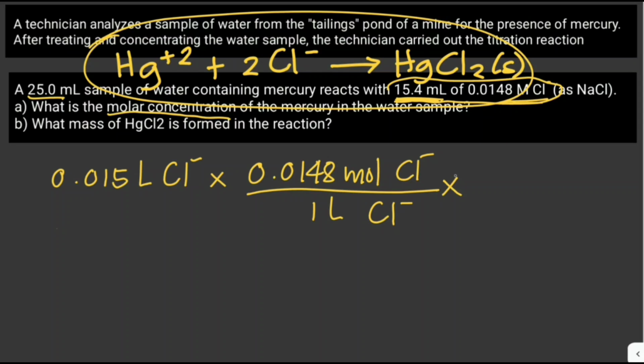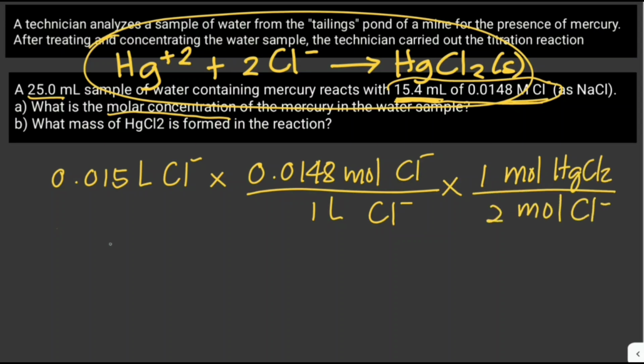And then we multiply this by the mole ratio of chloride and mercuric chloride. So that is 1 mole is to 2 moles chloride. And then we multiply this by the molecular weight of mercuric chloride, which is 271.6 grams per mole.